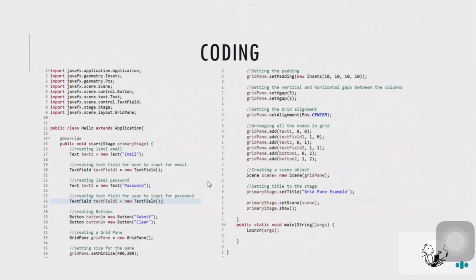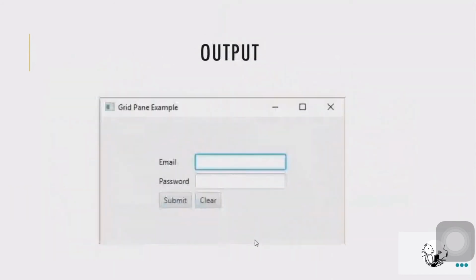We need to have the same thing because we want to link it. So here I put primaryStage.setTitle, primaryStage.setScene and primaryStage.show. And then we have a public static void main and then launch it. And then we can get this result.